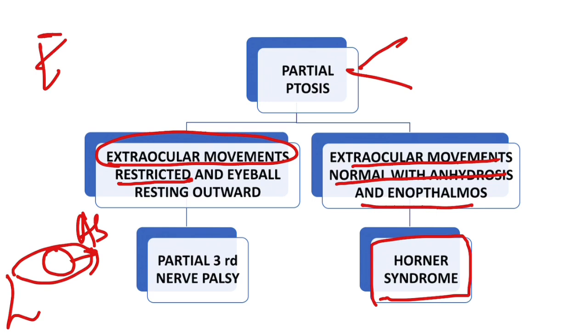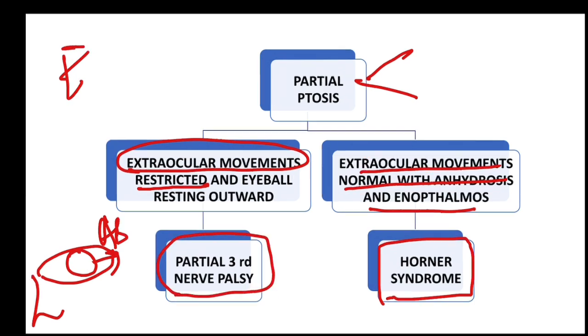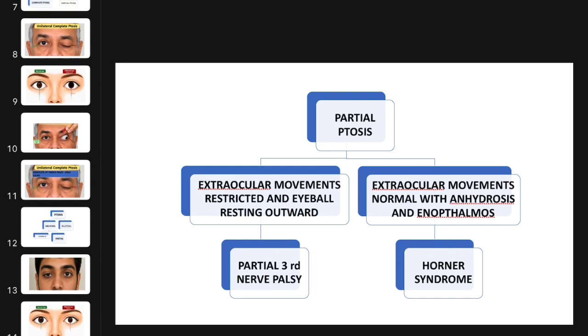Abduction is possible, the rest of the movements are absent. So if such restriction of the extraocular movements is present, it is a case of partial third nerve palsy. To understand the third nerve, you can watch the other video linked with this.